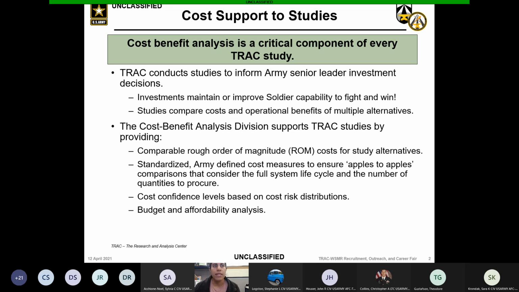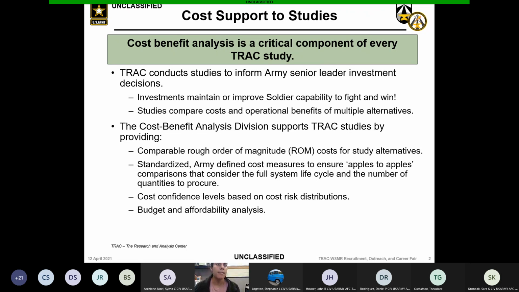So we're helping them inform these investment decisions, which help soldiers and unit mission capabilities to fight and win in the future. We're looking at what to buy and what's going to help them for their future missions. Our studies compare costs and operational benefits for multiple alternatives. I'll go over alternatives and some examples on the next slide.